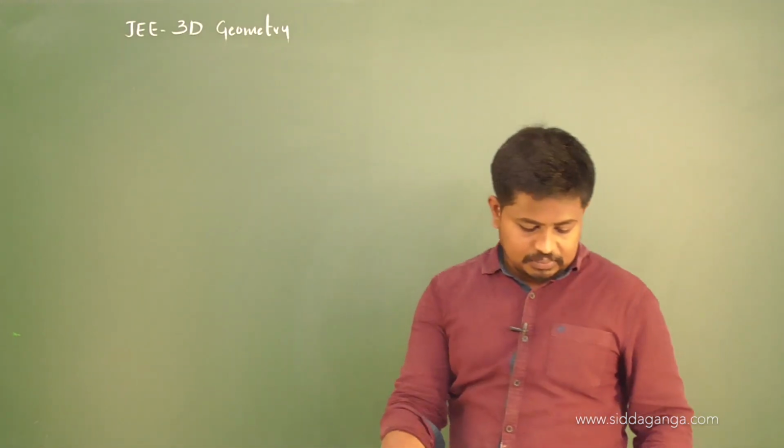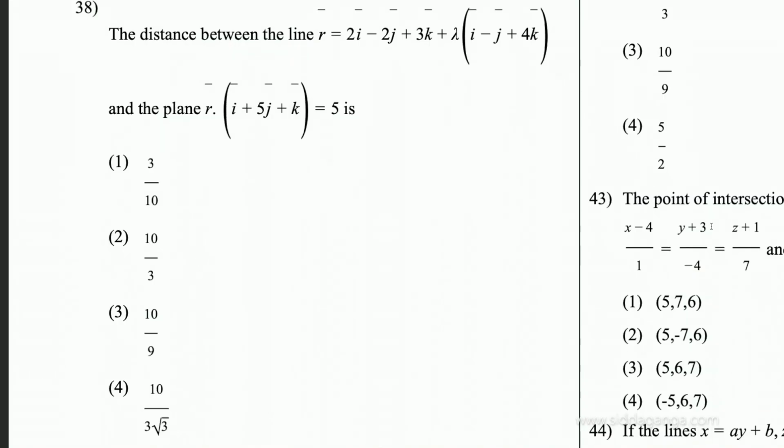Okay, let me move to question number 38. The distance between the line and the plane. So here we have the line r equal to 2i minus 2j plus 3k plus lambda into i minus j plus 4k.